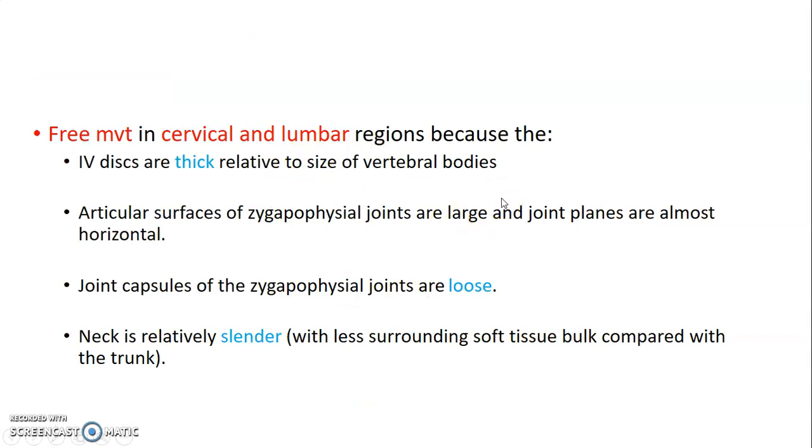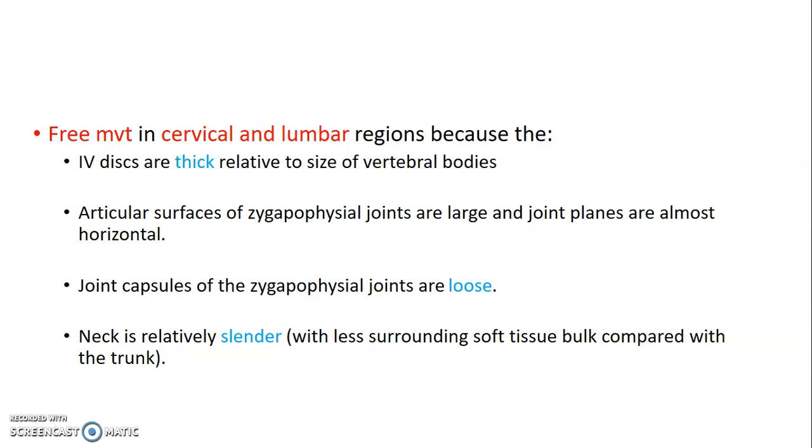Why? Number one, the IV discs in this region are thicker relative to the size of the vertebral body. Number two, the zygapophyseal joint surfaces: the articular surfaces are large and almost horizontal, and the joint capsules in these regions are loose. The neck is relatively slender with less soft tissue bulk, therefore the range of motion is high.